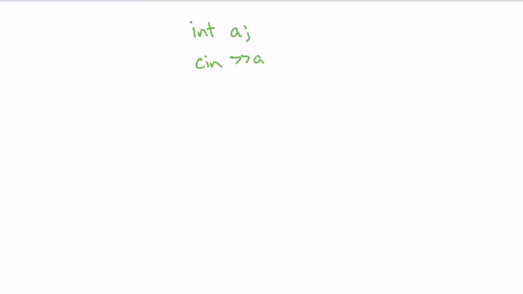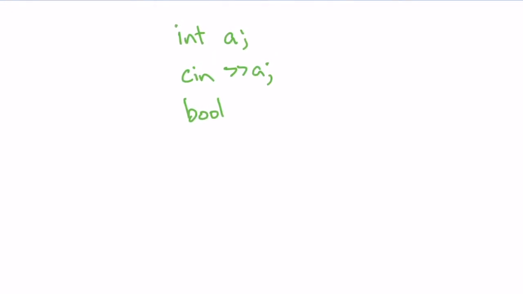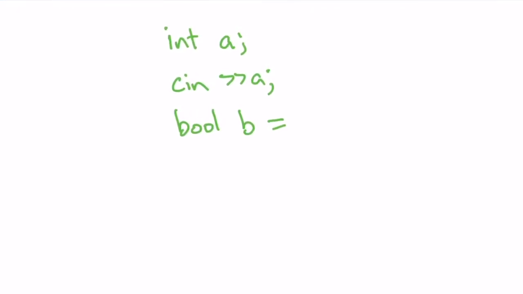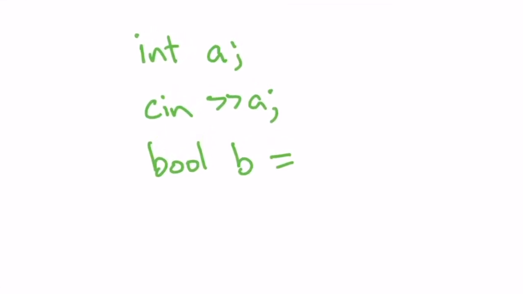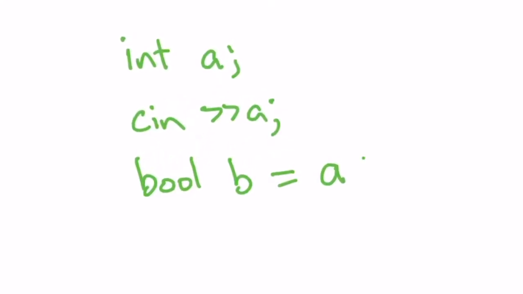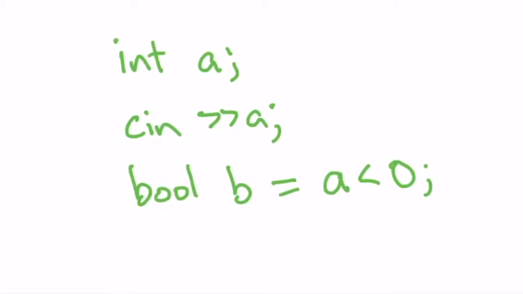So let's give an example of how we use these comparator operators. Let's take an integer a, and let's say we cin this integer a, and let's say we have a bool b is equal to, and then we can write a Boolean expression. So let's say bool b is equal to a less than 0.